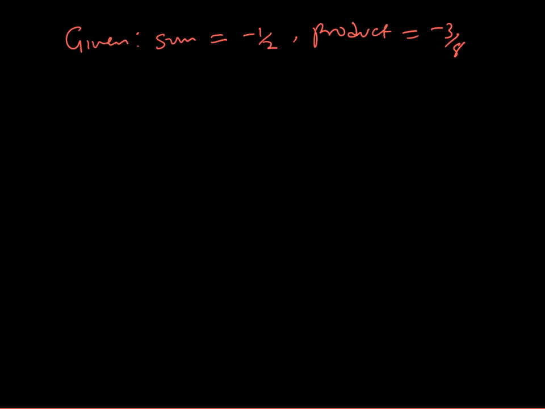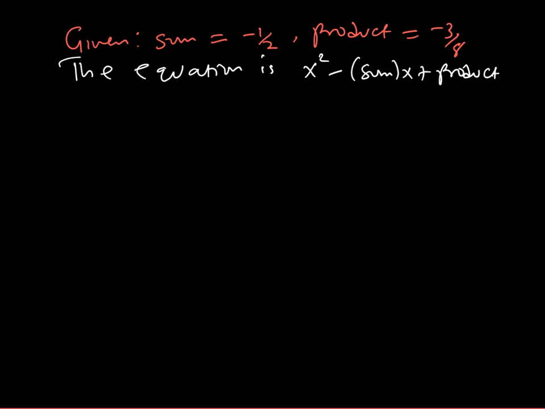So the equation is x squared minus sum into x plus product equals 0. So simply have x squared minus, here you have minus a half, into x plus the product, which is minus 3 over 8, is equal to 0.